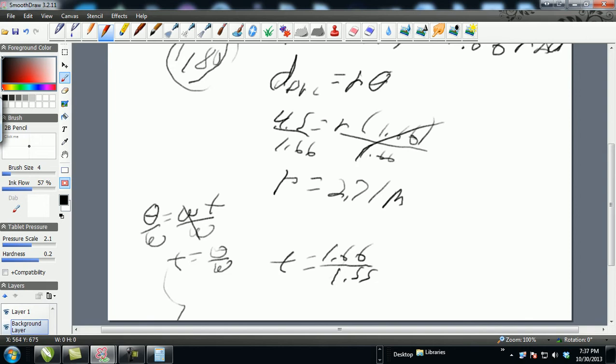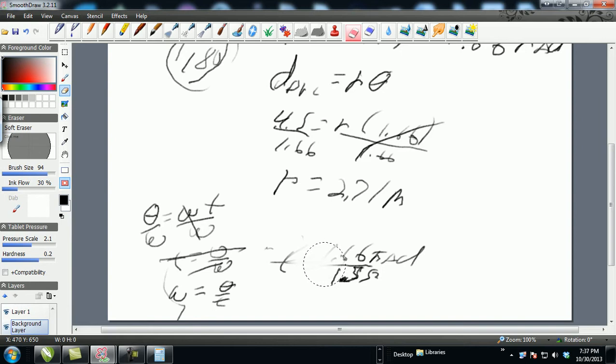Uh-oh, my S's look like my 5's. That's 1.5 seconds, right? And this is radians. So this is, oops, my bad. That should be omega equals theta over T. So let's erase all this junk for a second.